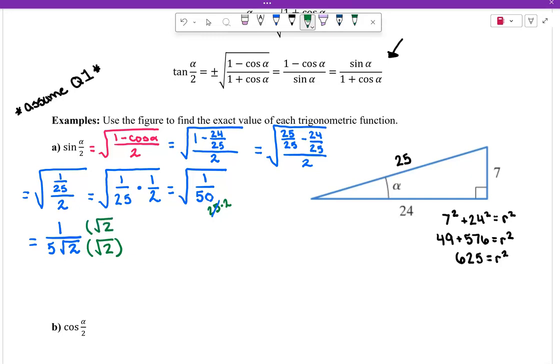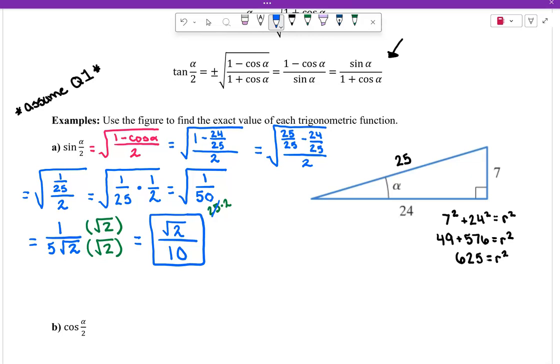What you do to the bottom, you do to the top. So 1 times the square root of 2 is the square root of 2. Square root of 2 times square root of 2 is square root of 4, but the square root of 4 is 2, and 2 times 5 is 10. So this is the answer that we would get for half of alpha. For sine, half of alpha.